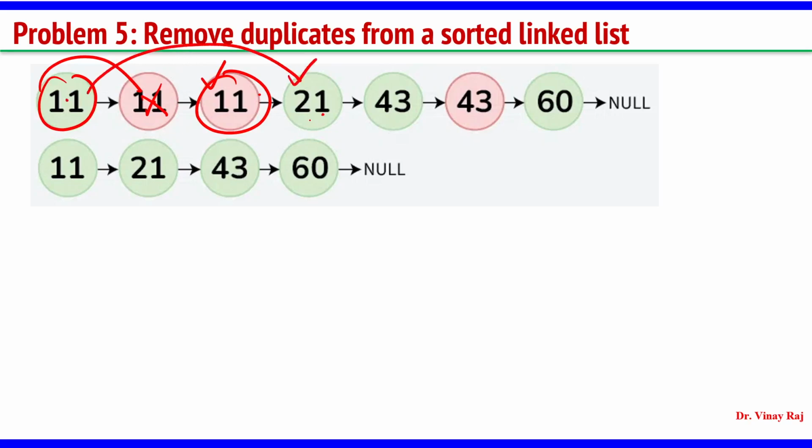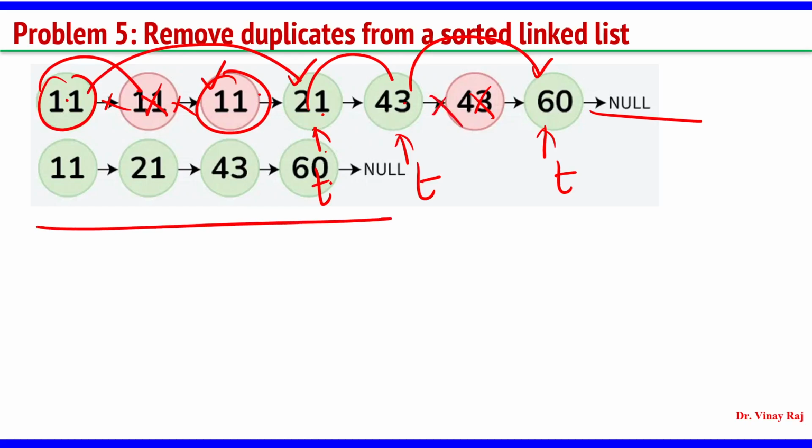If 11 and 21 are the same? No. When they are not the same, you shift your temporary pointer to this location. Now again, are 21 and 43 the same? Move your temporary. Are 43 and 43 the same? Then skip this, jump to this. Let this be your T. Then you will reach the end. That's it. You have broken these two connections and this connection, and you get this list.